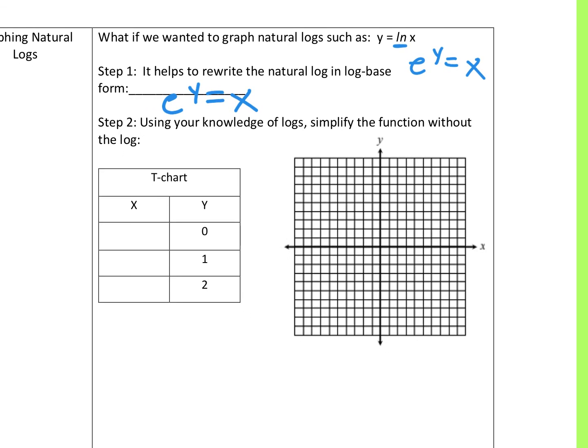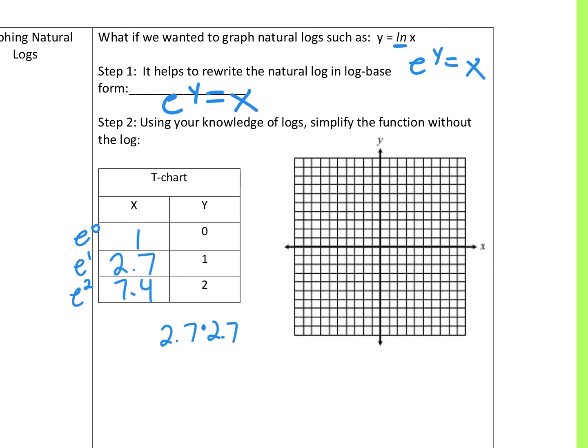So e to the 0 would be 1, anything to the 0 power is 1. e to the first is going to be 2.718. We'll just call it 2.7. e squared, if I wasn't using a calculator, could I do 2.7 times 2.7 by hand? I could, but I don't want to, so somebody put it in your calculator and tell me what you get. 7.4, cool.